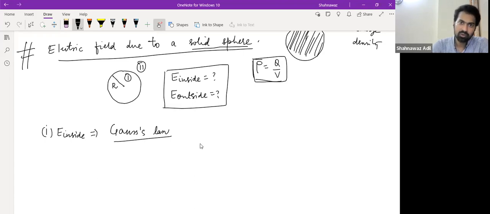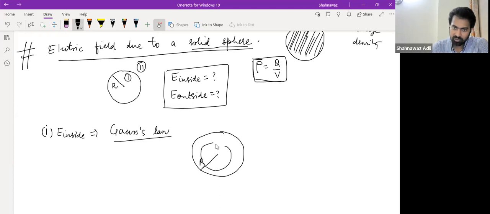So we have this radius R, and we take a Gaussian surface of small radius r. In the small radius r, Gauss law will simply tell us that this is Q enclosed by epsilon.